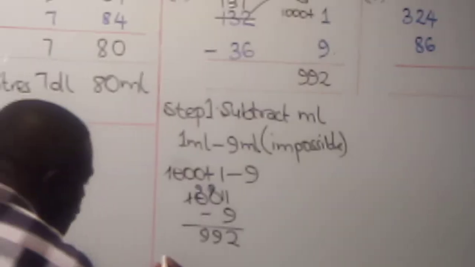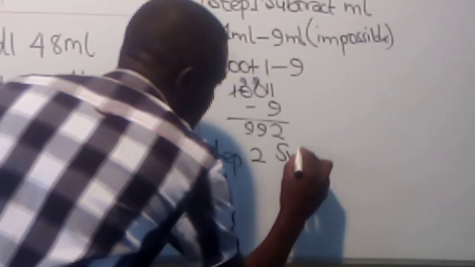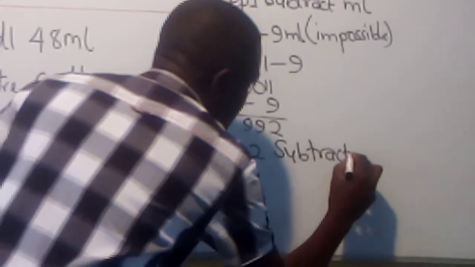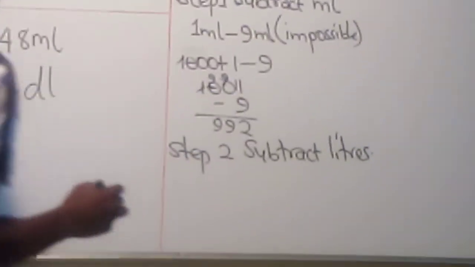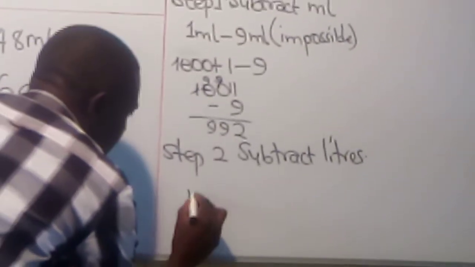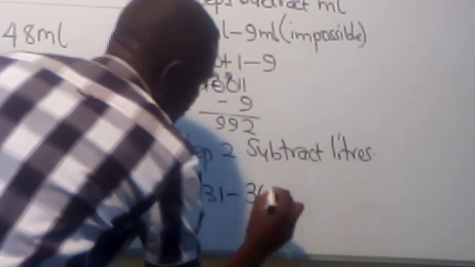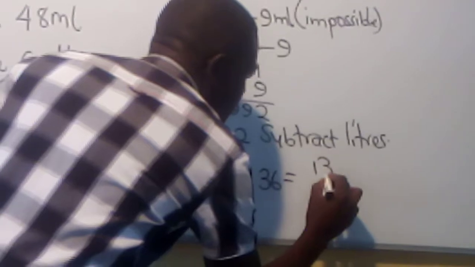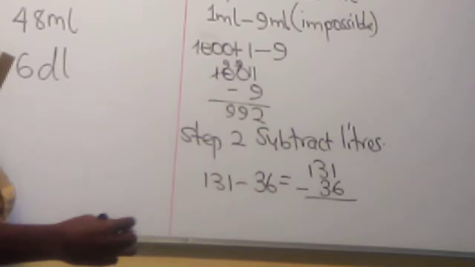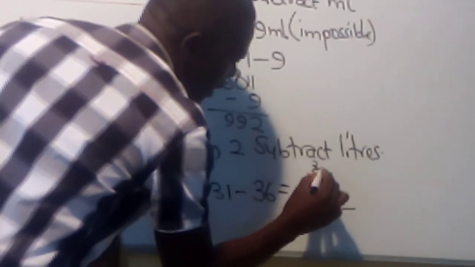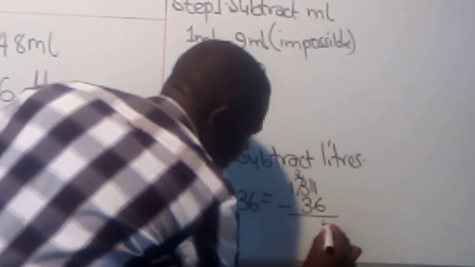Now, step number 2. Step 2, we subtract liters. And the liters are 131 subtract 36. We arrange it vertically. So we borrow 1 from here. 11 minus 6 is going to be 5.